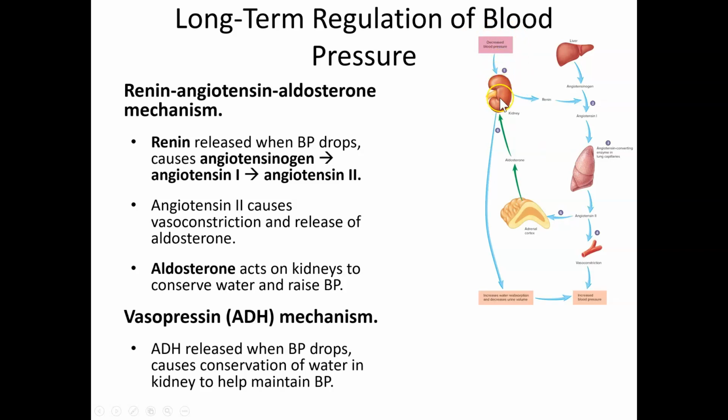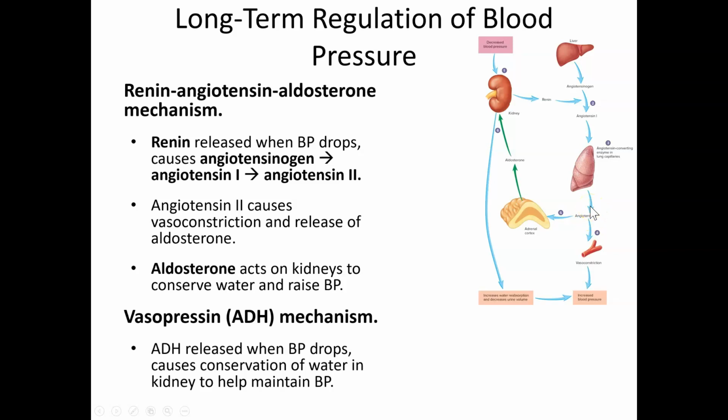to release a hormone called renin. Renin goes over and takes angiotensinogen that has been released by the liver and converts it over to angiotensin 1. From there, we are going to take the angiotensin converting enzyme in our lungs and capillaries, which will help convert angiotensin 1 into angiotensin 2.